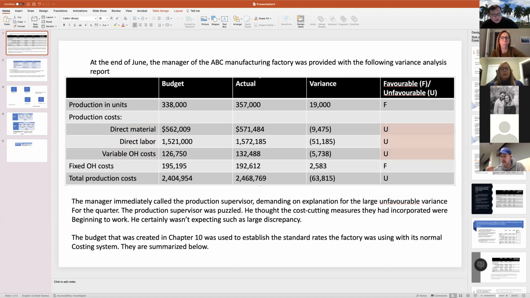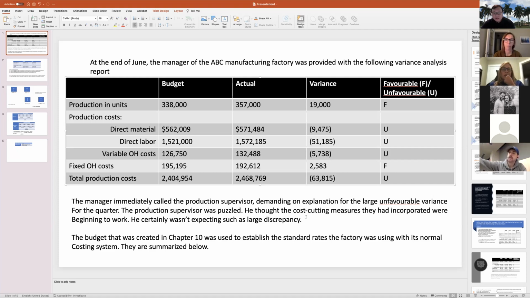Okay, fixed cost is favorable, you save $25.83, and the total production cost is unfavorable. So the manager immediately called the production supervisor, demanding an explanation for the large unfavorable variance for the quarter. It's quite big, total $63,000.